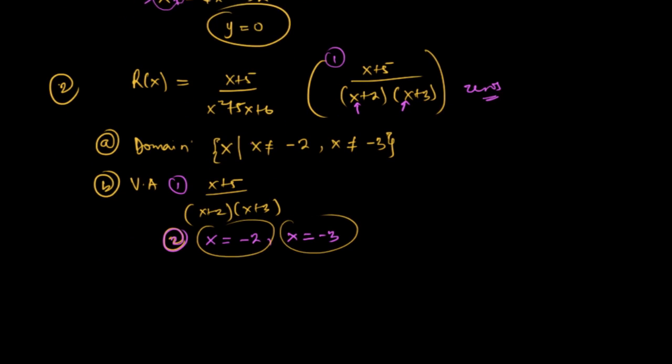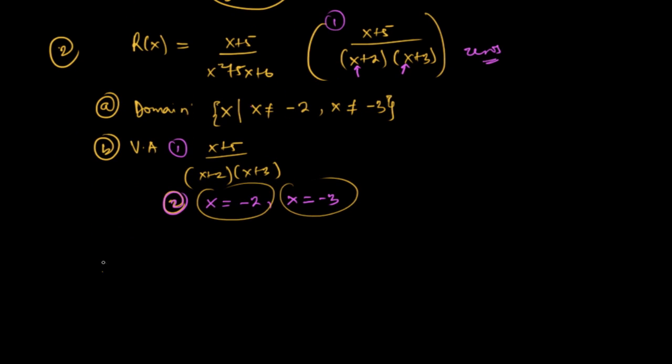And then lastly, to find the horizontal asymptote, we rewrite the function that we're given, that is x plus 5 divided by x squared plus 5x plus 6. To find the horizontal asymptote, like we said in the previous example, we need to approximate the function itself.